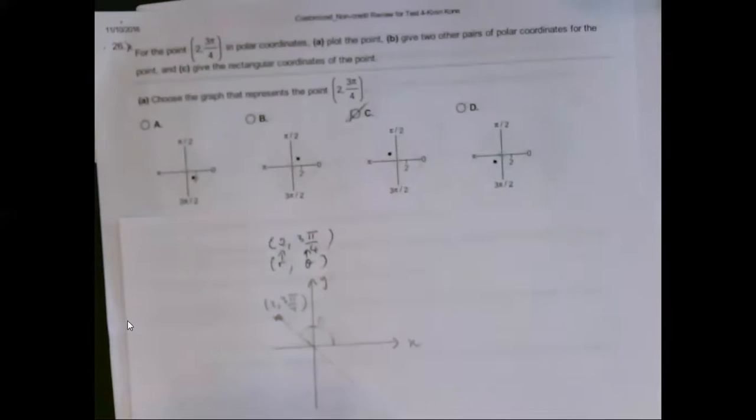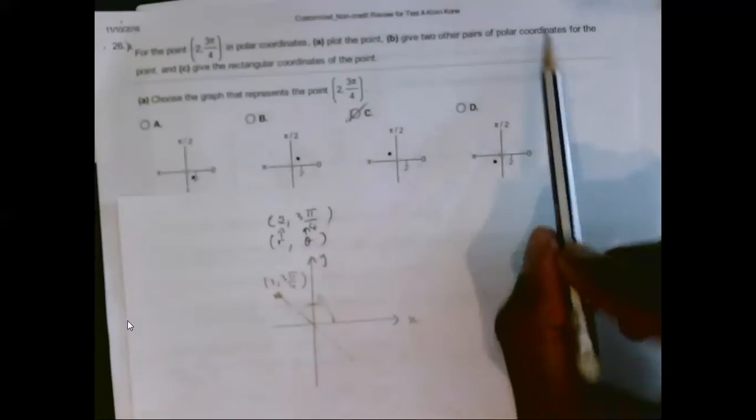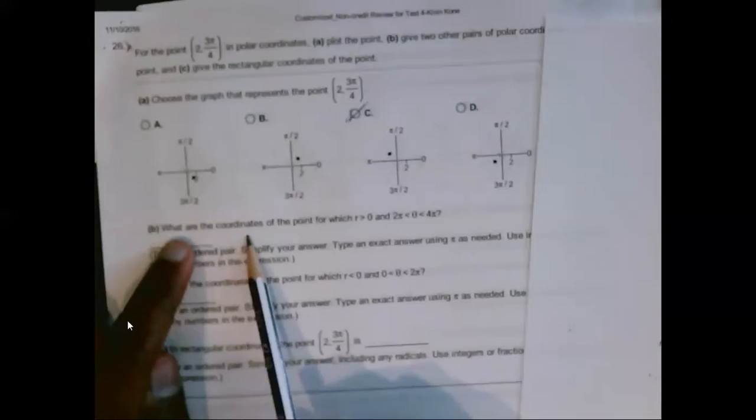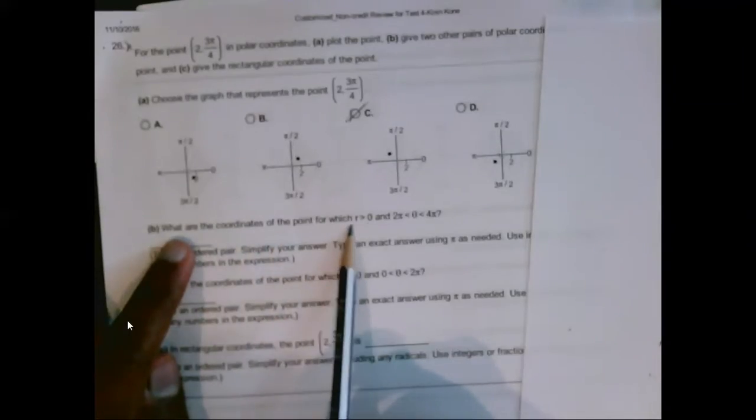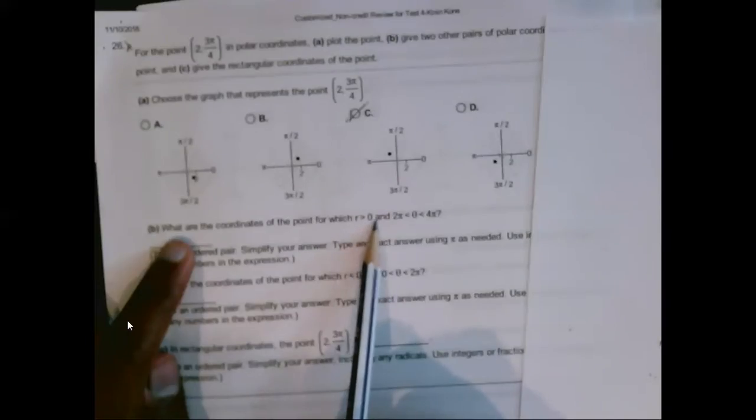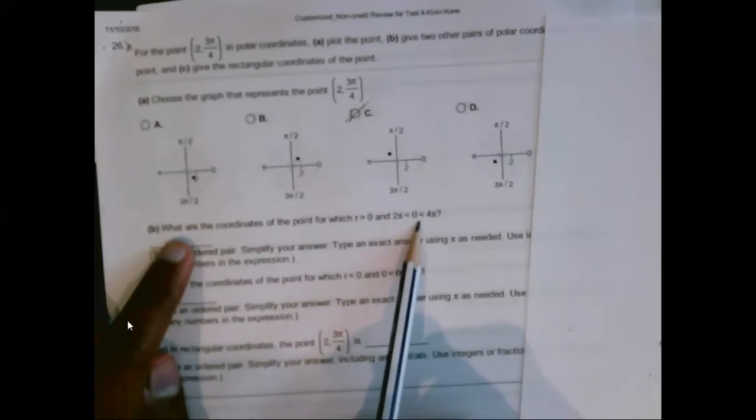Now, two other pairs of polar coordinates for the point. So what are the two other polar coordinates of the point for which r is positive, and theta is between 2π and 4π? So r is positive, so they're asking for another polar coordinate that is equivalent to this polar coordinate.